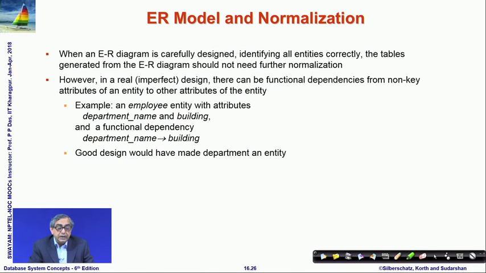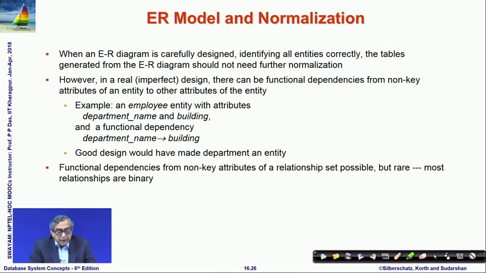What it means is that in the entity relationship diagram itself, we did not do a good job. If we had done a good job, we would have identified that the department itself is an entity, and therefore would not feature as an attribute on the employee. If we had called it a separate entity, that is equivalent to what we are doing now, taking the relation and breaking it down through decomposition.